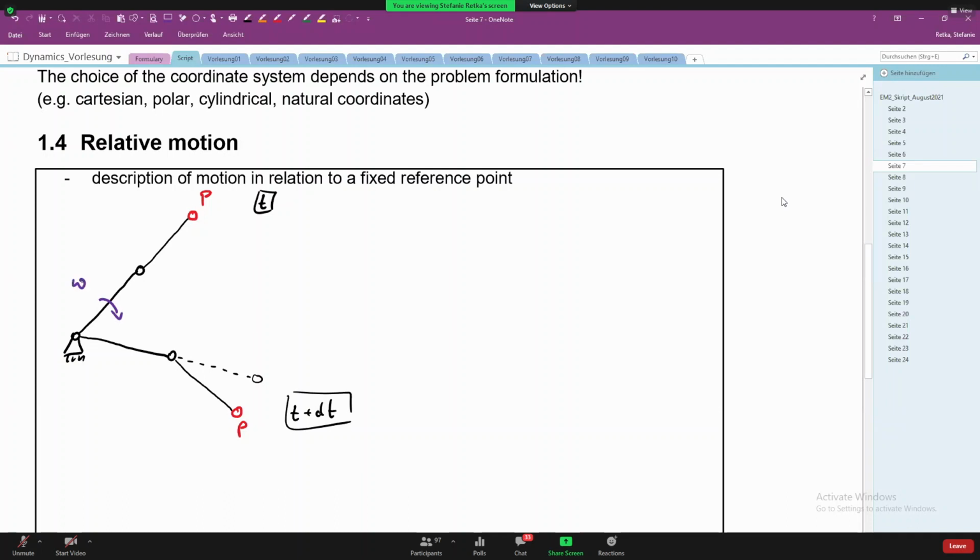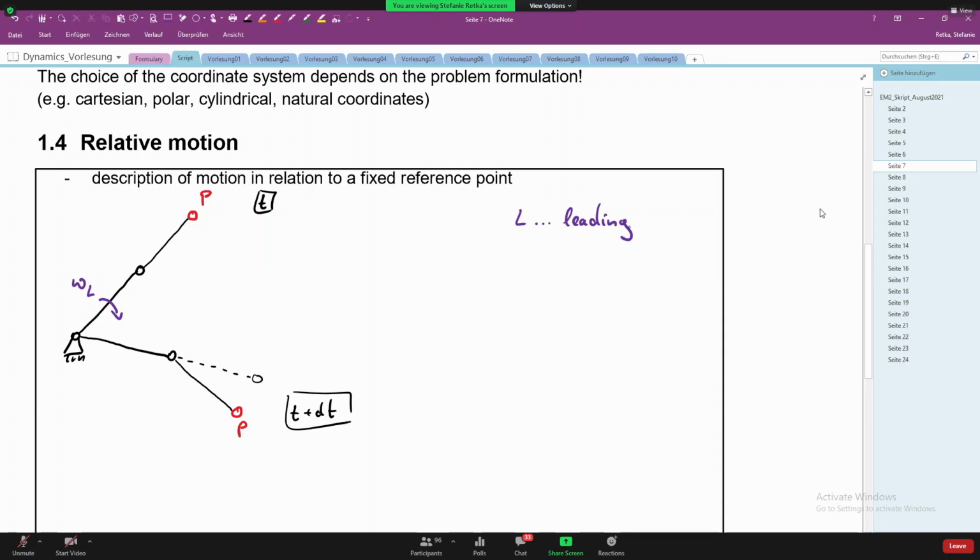And now, since this is our first motion, the motion I will detect when I'm, for example, standing on the hinge support and looking at the system, I will see the pure rotational motion of this rod, and this is our leading motion. Index L stands for leading motion.